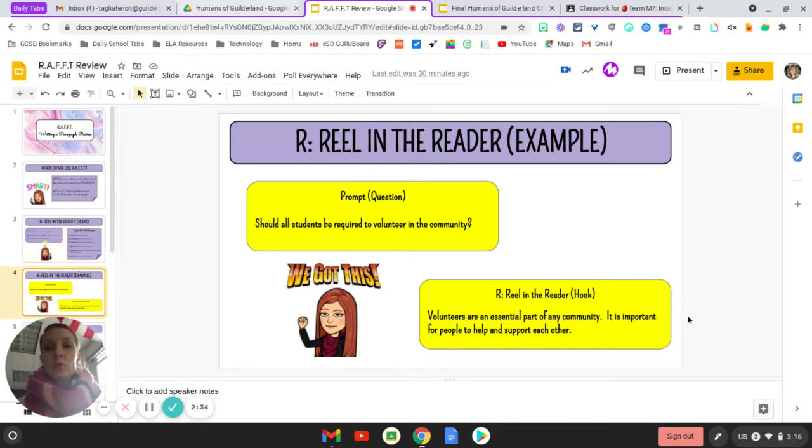I chose the strong statement technique, and I wrote, volunteers are an essential part of any community. It is important for people to help and support each other. That introduces the topic, and I've used one of those techniques to try to hook my reader.